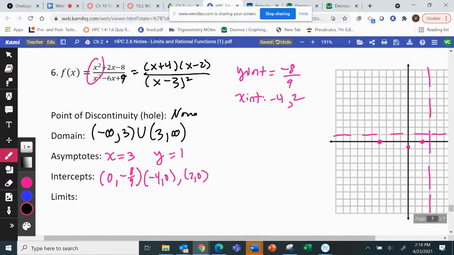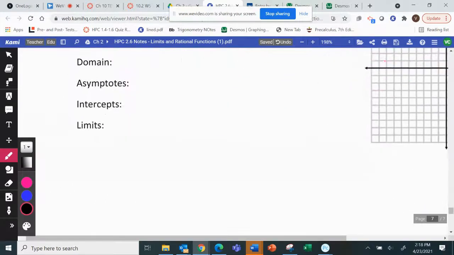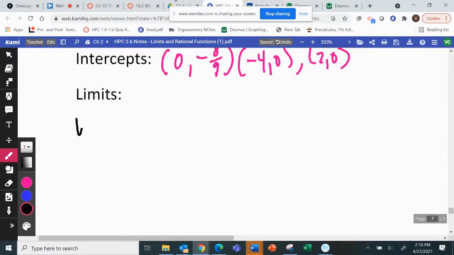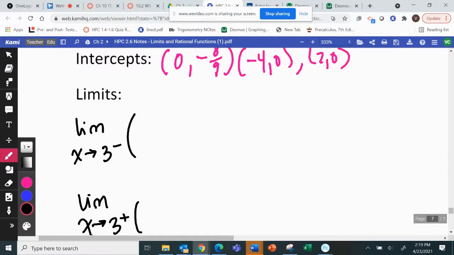But so now I need to do the limits around the vertical asymptote, x equals 3. Maybe I'll have time.